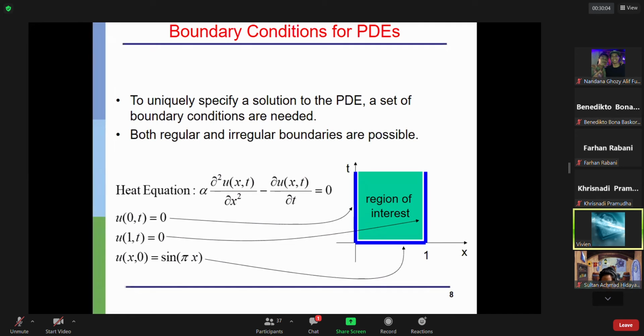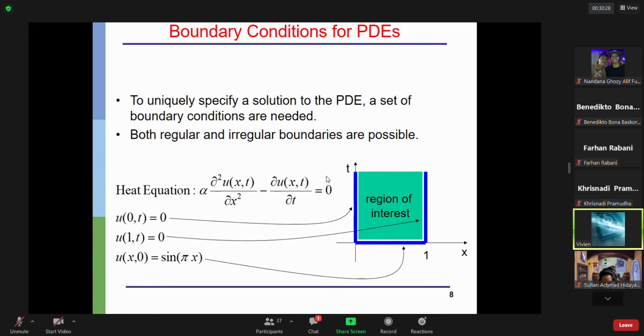If we don't give a boundary condition, it means that we will have no unique solution. For example, if we have only this equation, there are many solutions that will satisfy this equation. So to have a unique solution, we have to provide the boundary condition.